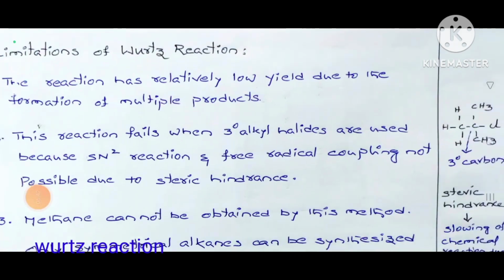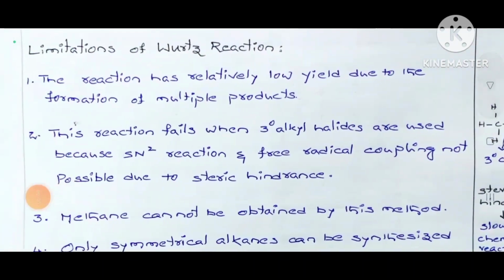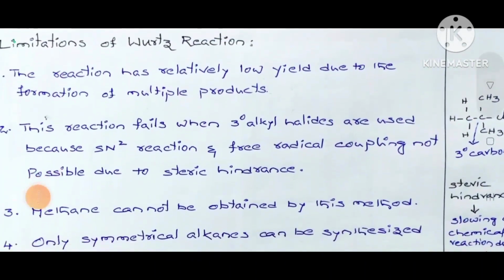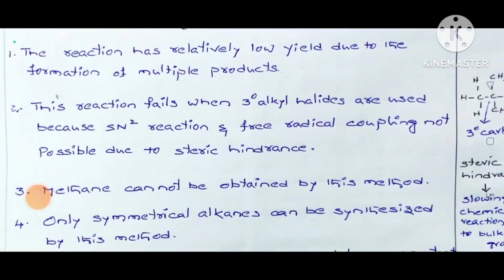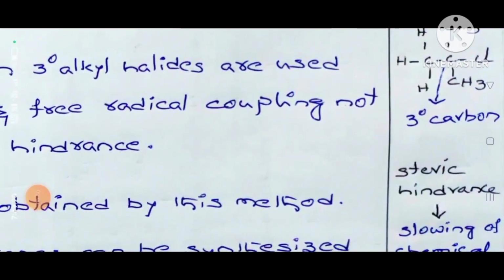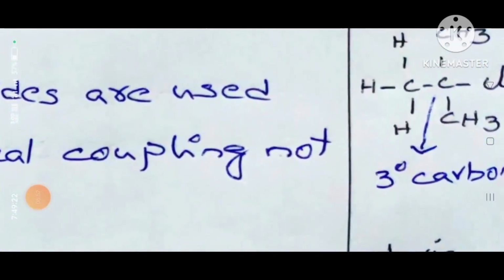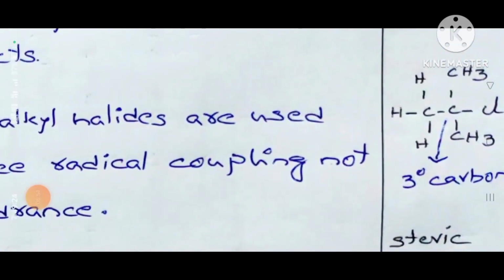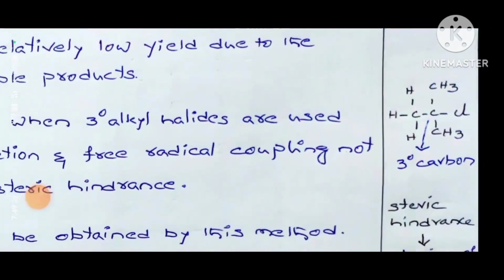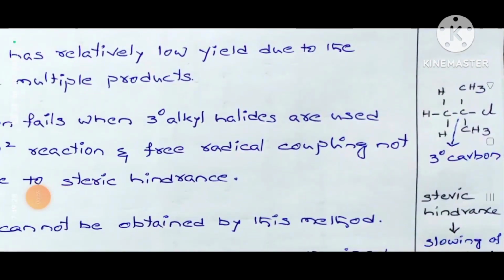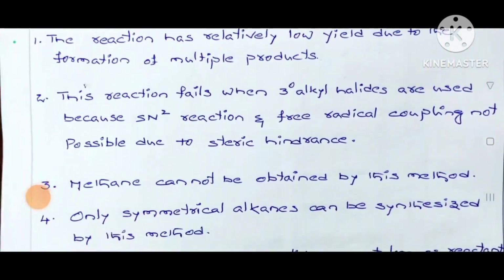What is meant by tertiary alkyl halides? Tertiary alkyl halide means an alkyl halide containing a tertiary carbon atom. Tertiary carbon means one carbon atom surrounded by 3 other carbon atoms. When this tertiary carbon is present in an alkyl halide, that is called a tertiary alkyl halide. So what is the limitation?